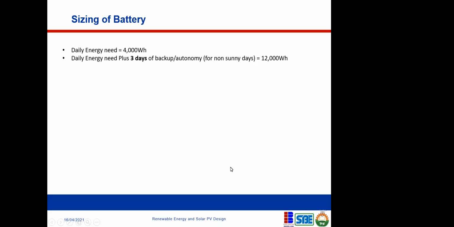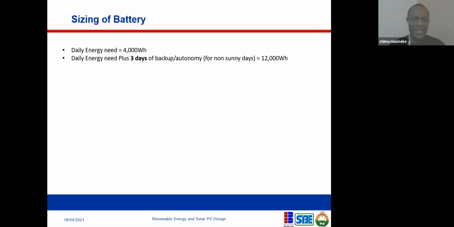Okay. So we are still working with a daily energy need of 4,000 watt hour, or 4 kilowatt hour. Now when we're designing, we also need to take into account that there could be days when there is no sun. It's normal. There are usually cloudy days.